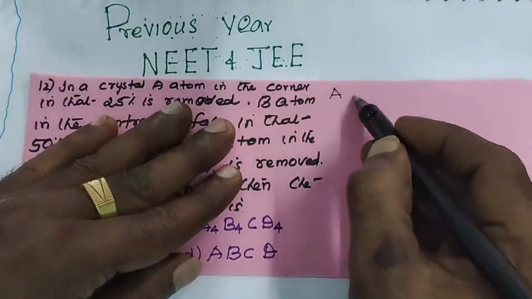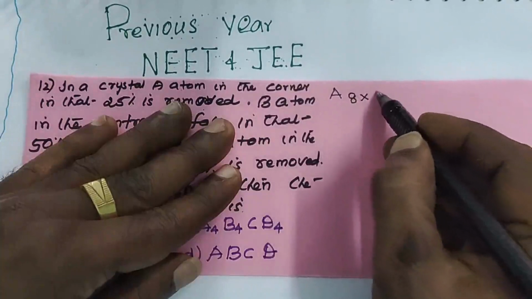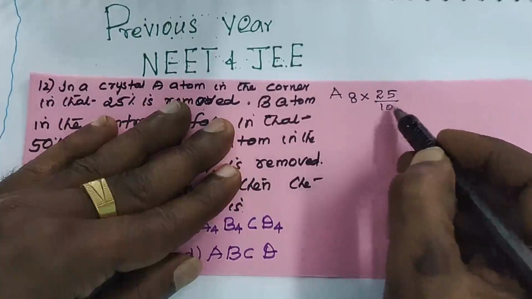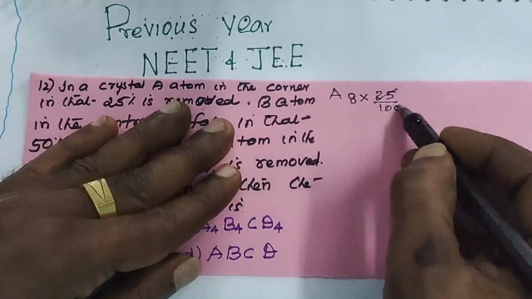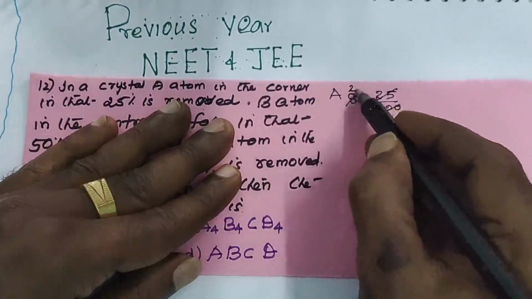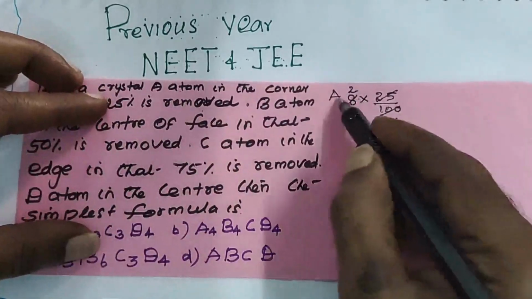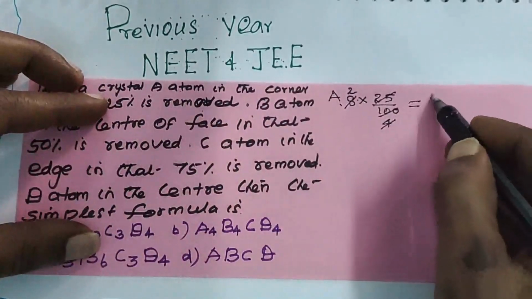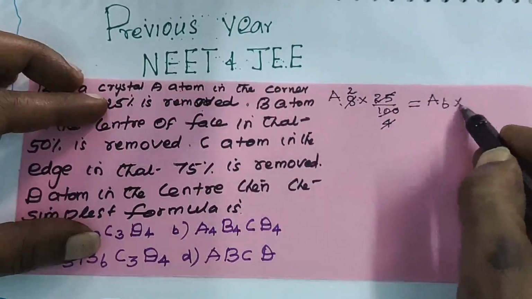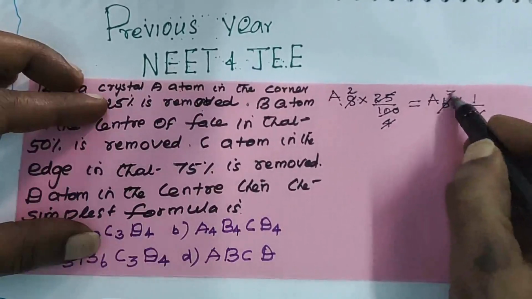So, A atom in the corner. Total number of corner atoms is 8, and in that 25% is removed. So 25 by 100 is 1 by 4, so 2 corner atoms are removed. Remaining 6, with contribution 1 by 8 each.